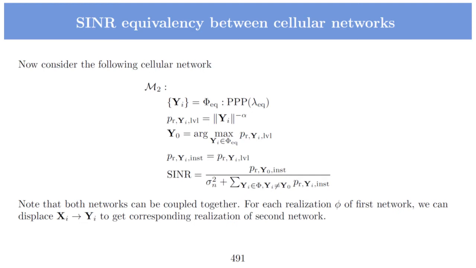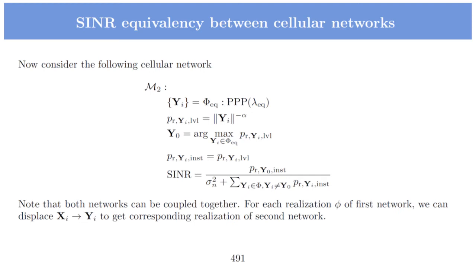It is defined in the following way. The base station process, which we denote as phi equivalent, is a PPP with the density lambda equivalent and is made from all yi's, where each yi is created by displacing xi according to the law we just discussed.